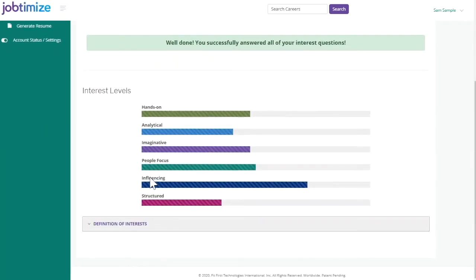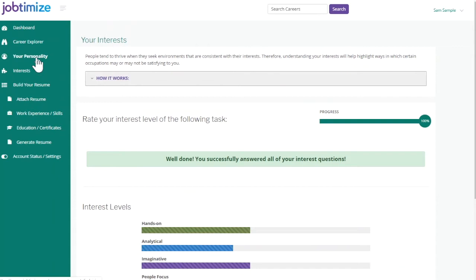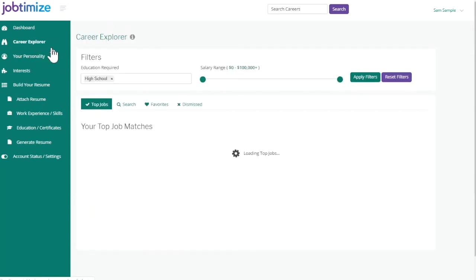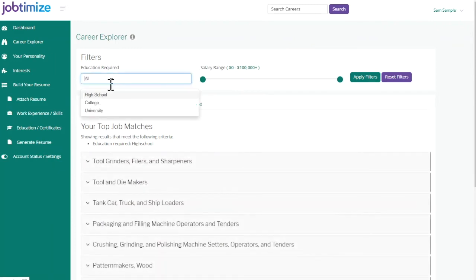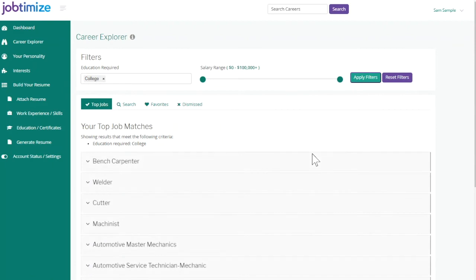And because he's answered those questions, that very short additional questionnaire, what it's allowed Jobtimize to do is to filter the suggestions that it makes based on Sam's interests and show up the ones that are both a strong fit score and high in his interests first.